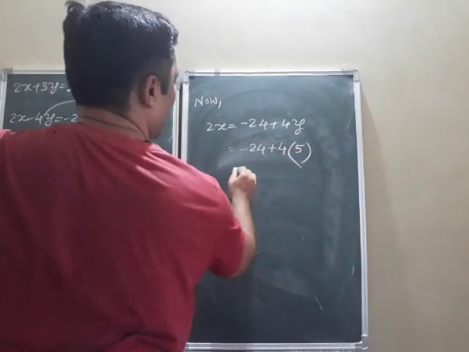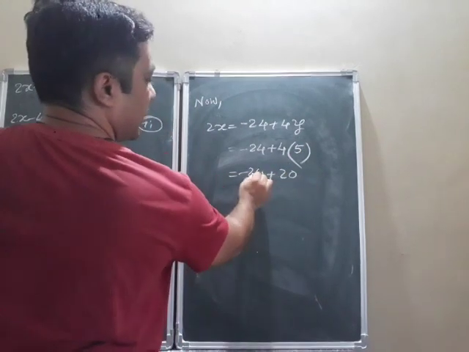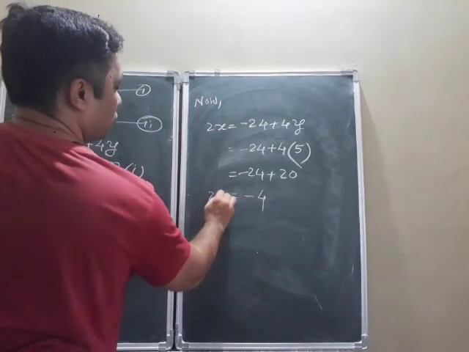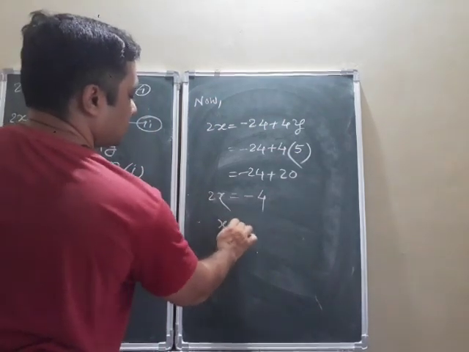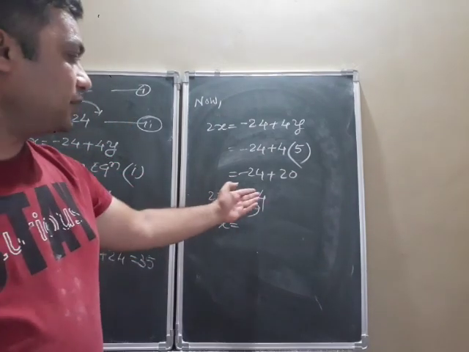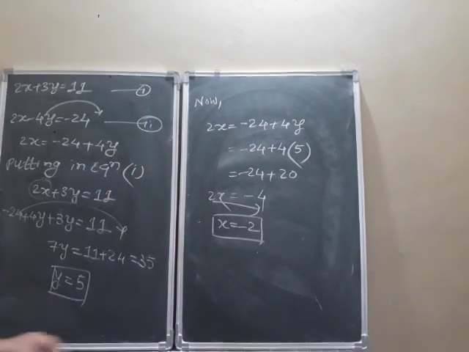So minus 24 plus 20, it means it's minus 4. So 2x is minus 4, therefore x is equal to minus 4 upon 2, which is minus 2. So I have got the value of x as minus 2 and y is equal to 5.